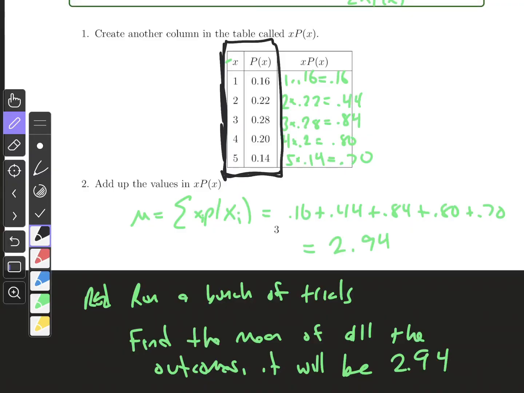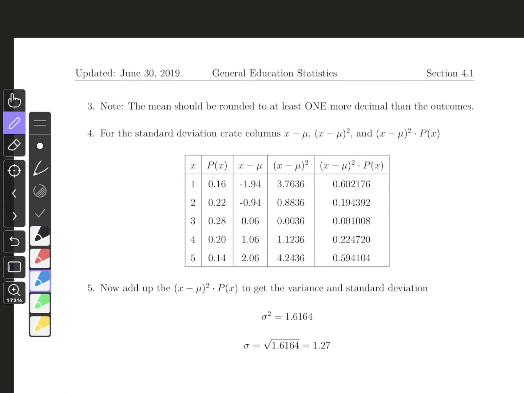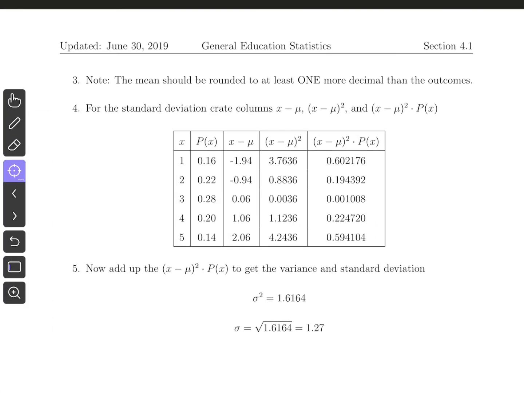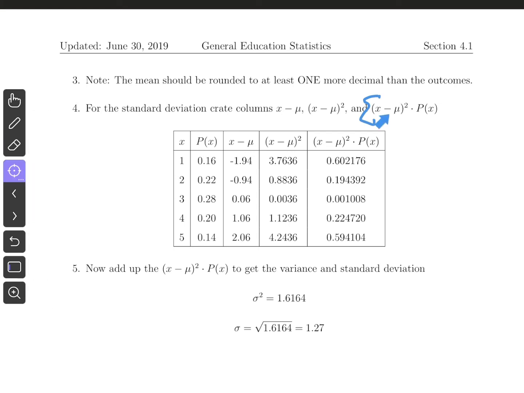Now that we're back, we've confirmed that our mean is 2.94. Now let's take a look at the standard deviation. The formula is right here, with the little sum symbol on there. What we had to do was take each outcome minus the mean and square it. You can see I'm making these columns.